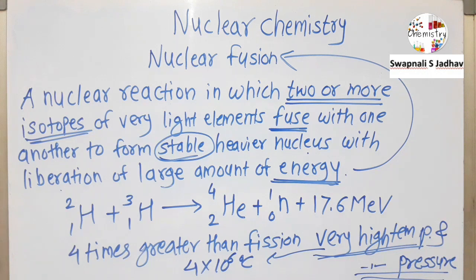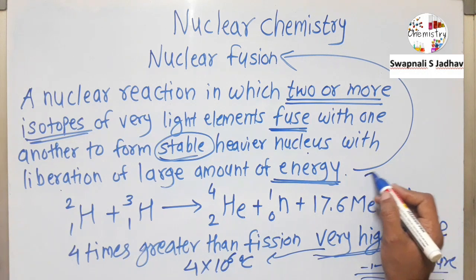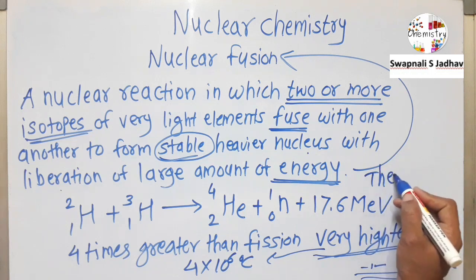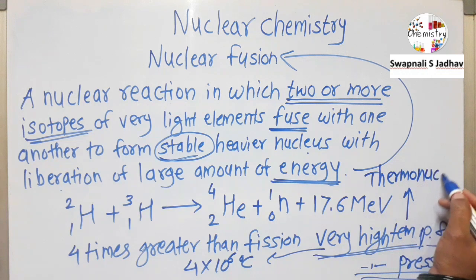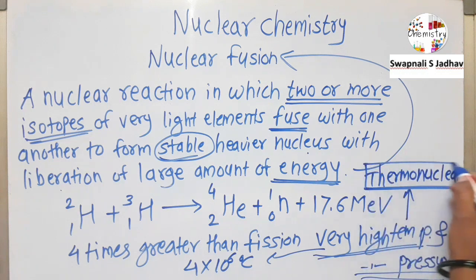Hence, nuclear fusion reaction is known as thermonuclear reaction. Therefore, high temperature is required. Therefore, nuclear fusion reactions are known as the thermonuclear reaction. Remember that. Okay. Thus, the principle of fusion reaction is used in hydrogen bomb.